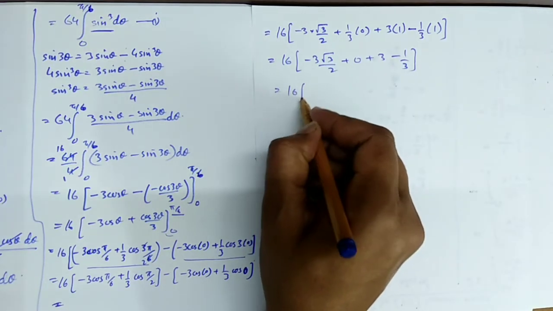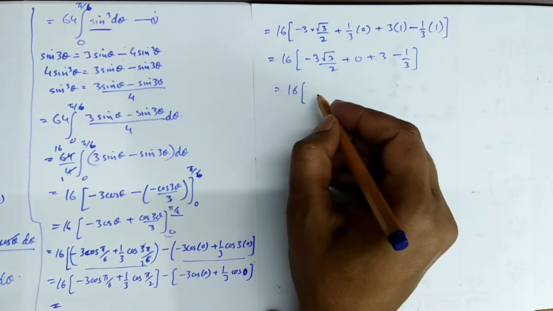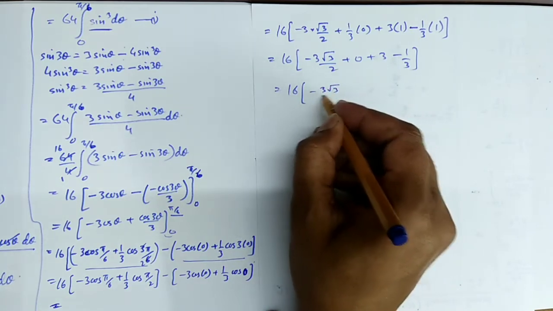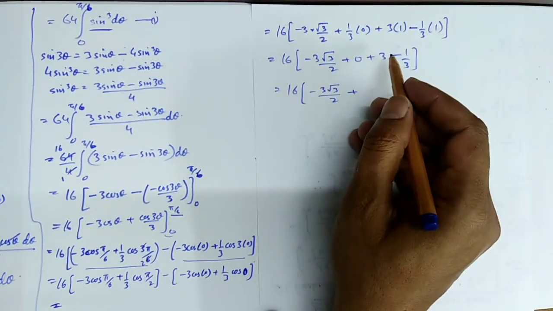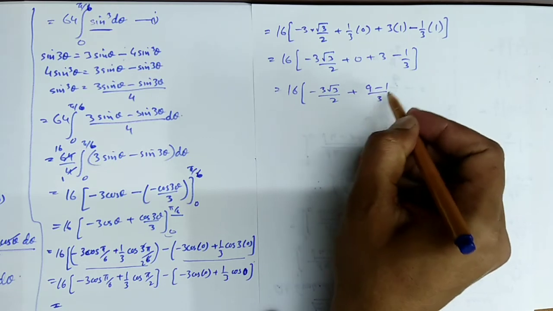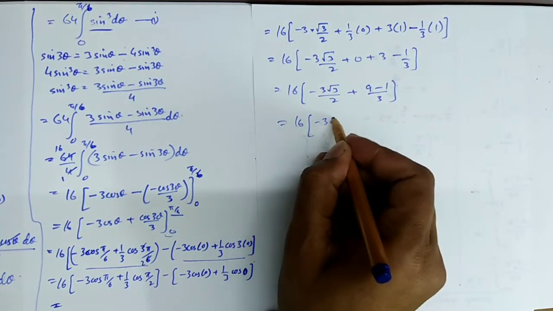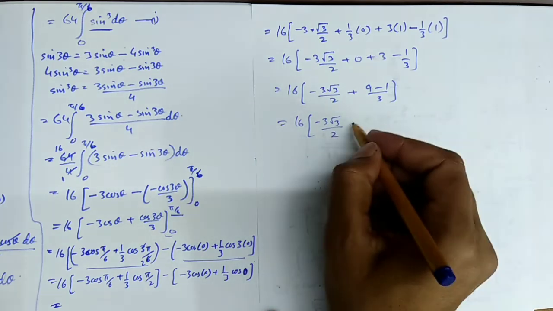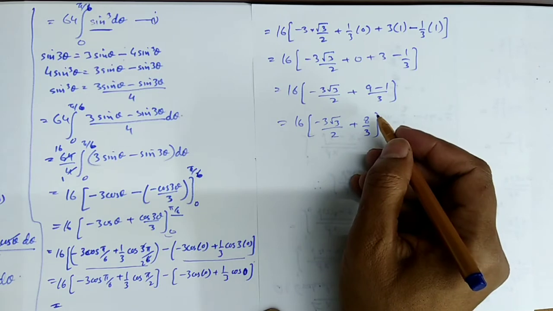Further simplifying, this will be minus 3 under root 3 upon 2 plus 3 3s are 9, that will give 9 minus 1 divided by 3, so 16 times minus 3 under root 3 upon 2 plus 8 upon 3, right?